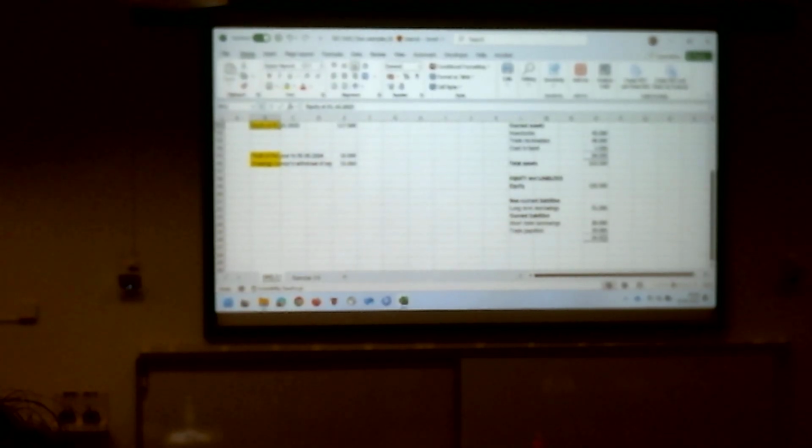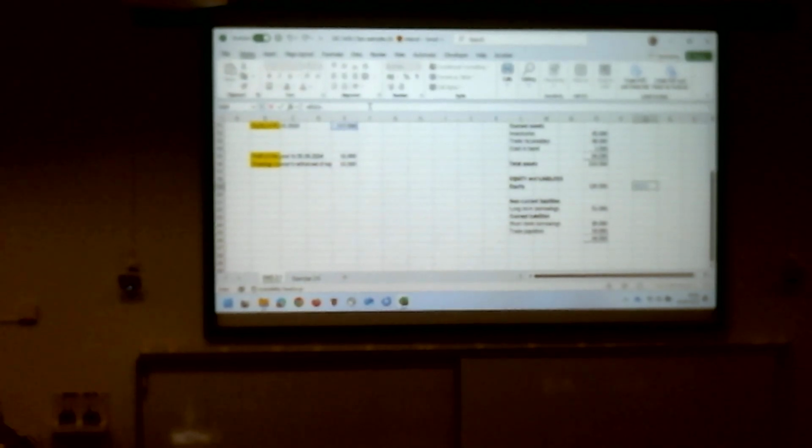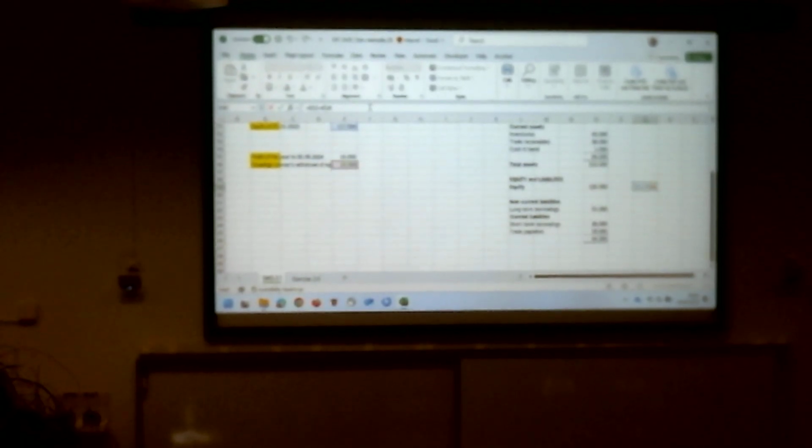So it's equity plus profit minus drawings. Instead of calculating this in that way, you could also say, starting equity plus profit.